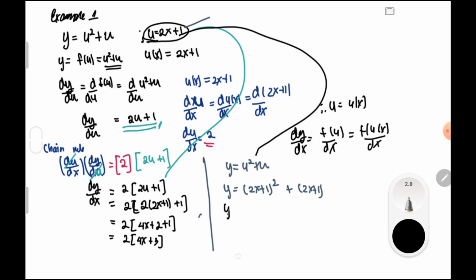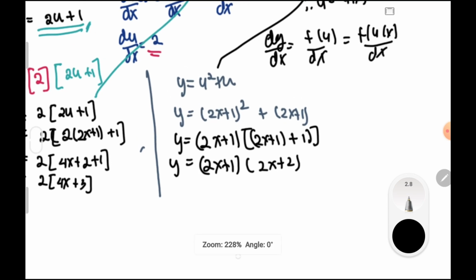Factoring out your 2x plus 1, we'll have 2x plus 1 squared divided by 2x plus 1 will have 2x plus 1, plus 2x plus 1 divided by 2x plus 1 is 1. So therefore we'll have a value equal to 2x plus 1 multiplied by 2x plus 2, which is equal to our y.